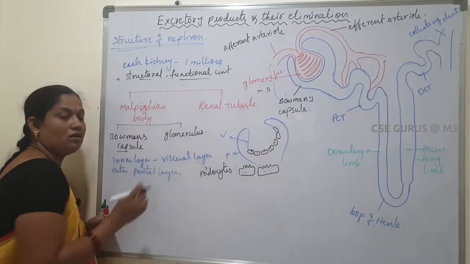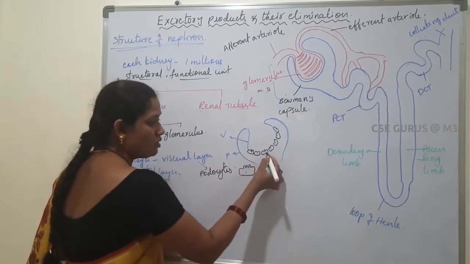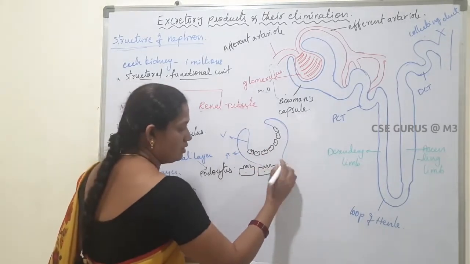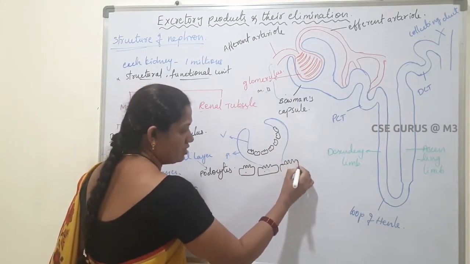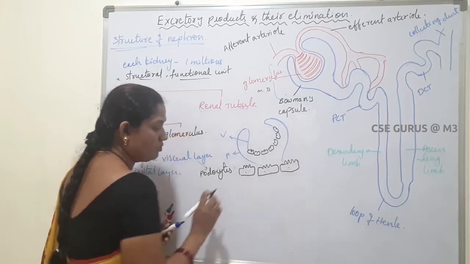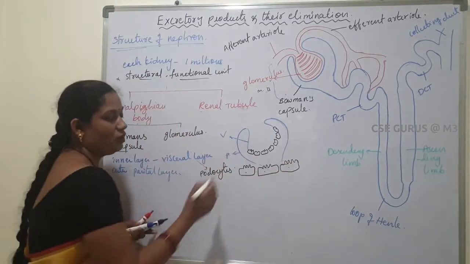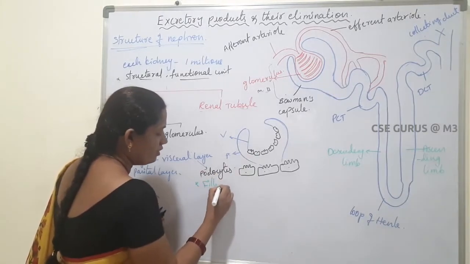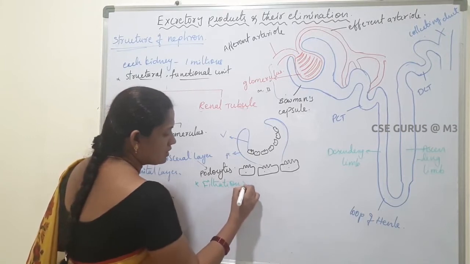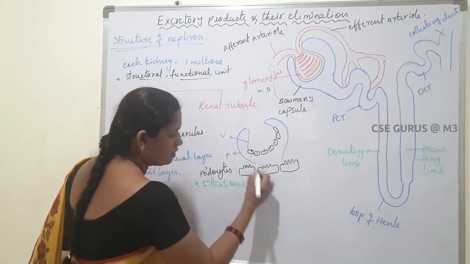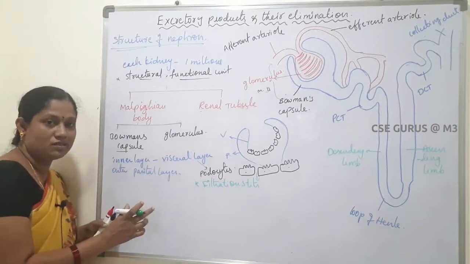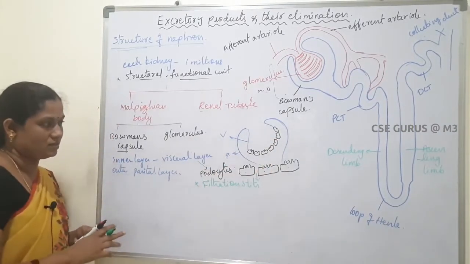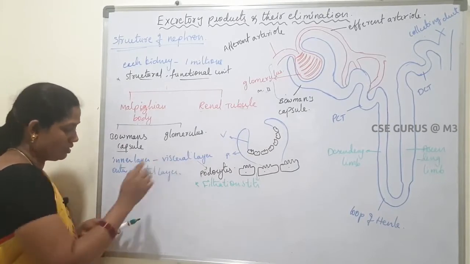In between the podocytes, some gaps are present, because the cells do not attach to each other. These gaps are called filtration slits. So this is about the visceral layer.